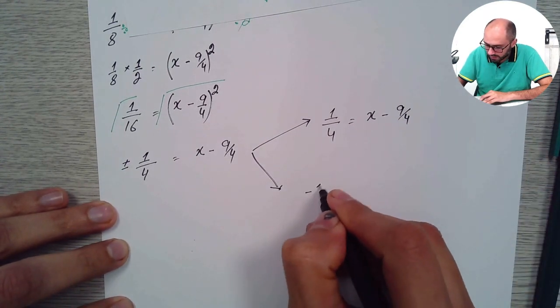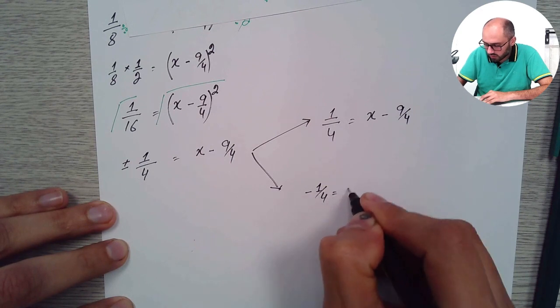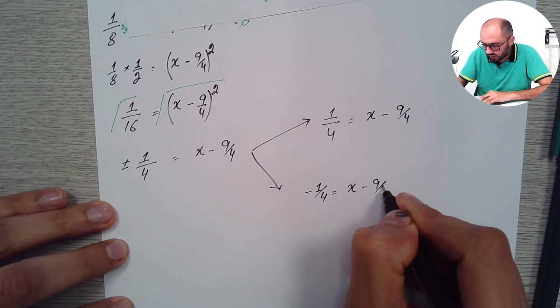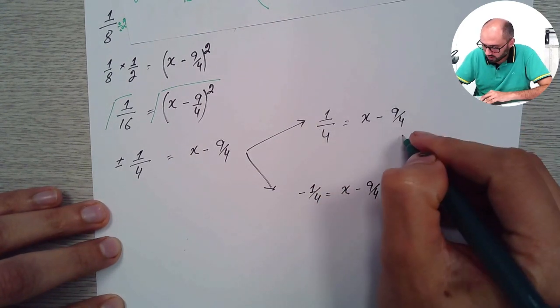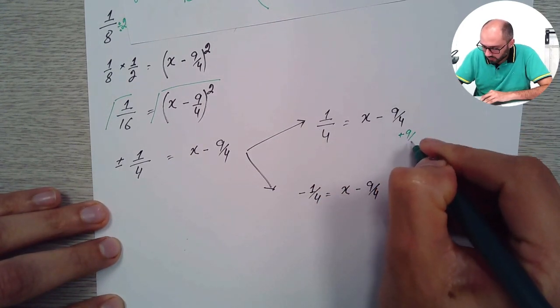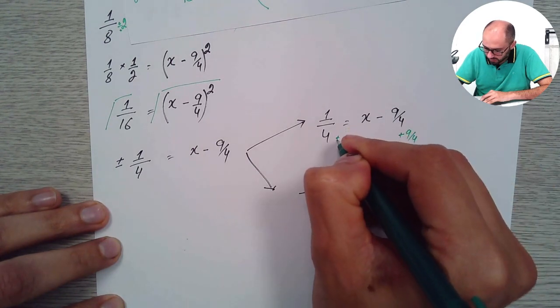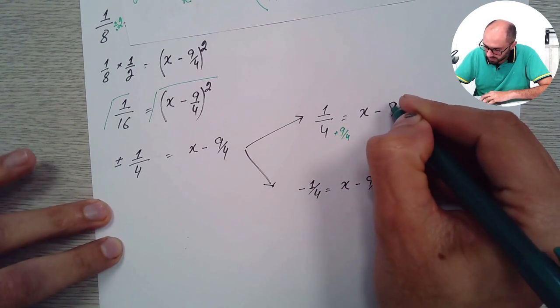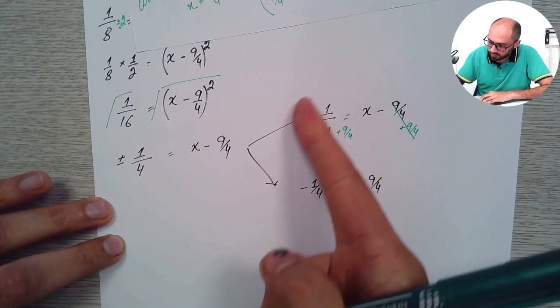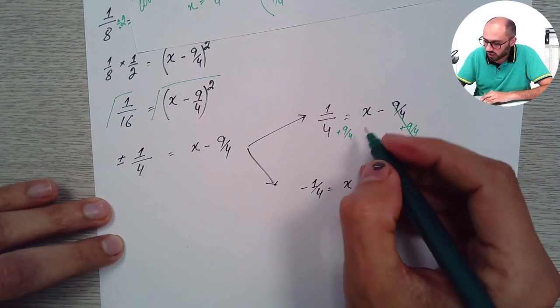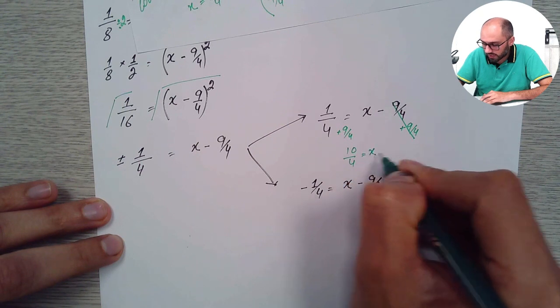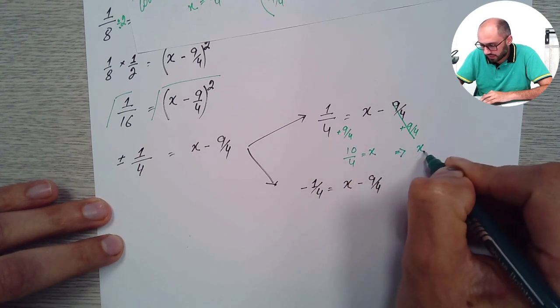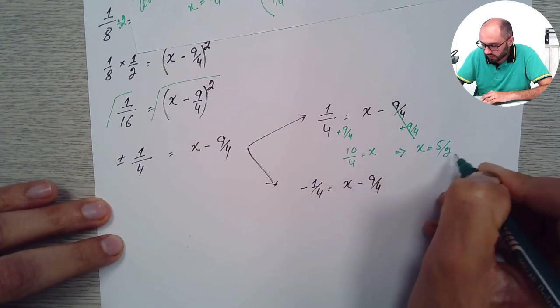I can say minus 1 over 4 will be equal to x minus 9 over 4. If you solve this, you'll have to do plus 9 over 4 here. We'll have to do plus 9 over 4 here. This will be gone. If you simplify the left side, it will change to 10 over 4 equals x, which is the same as x equals 5 over 2.